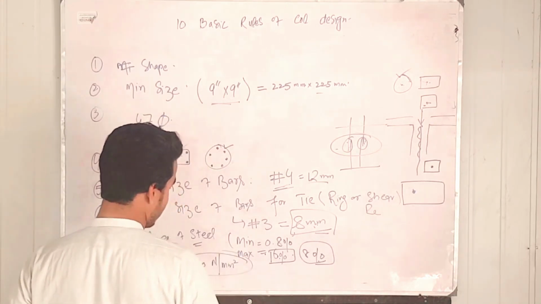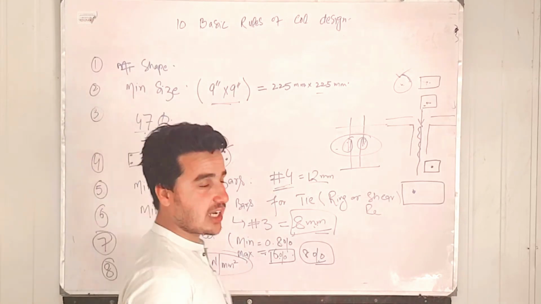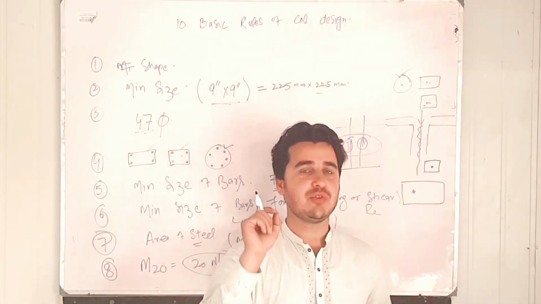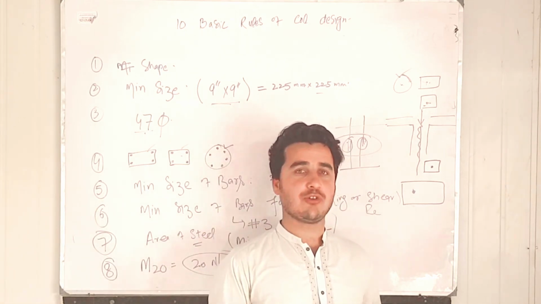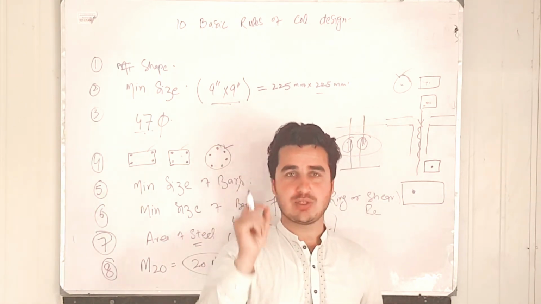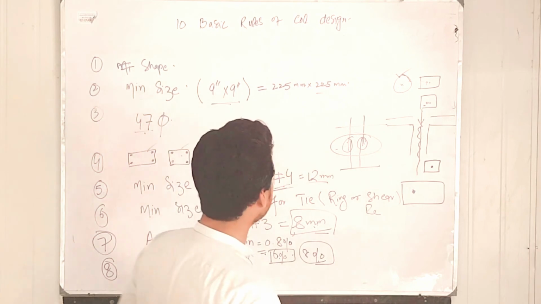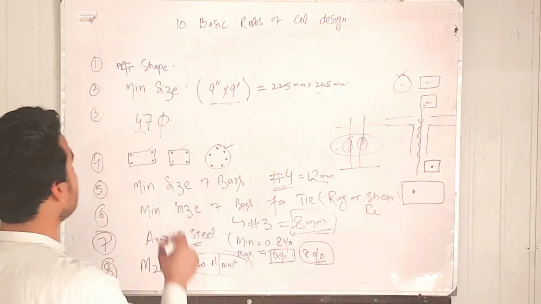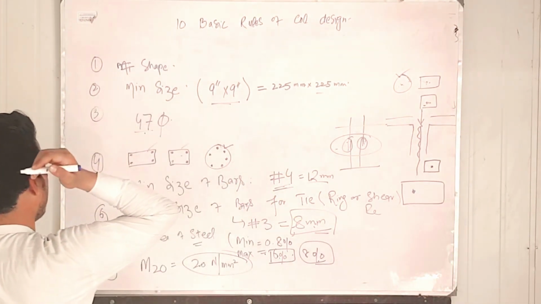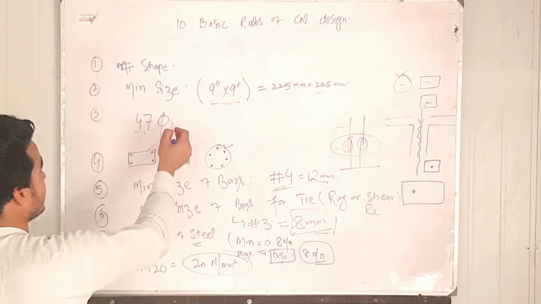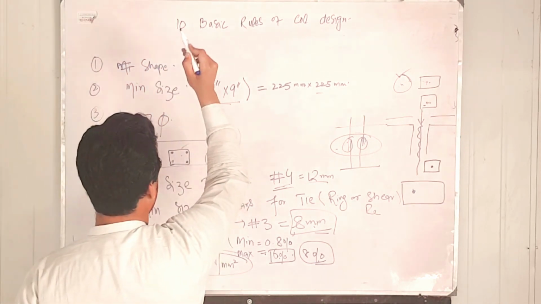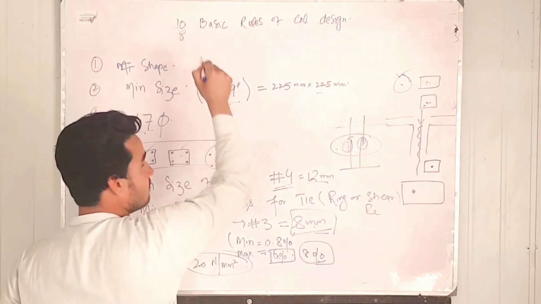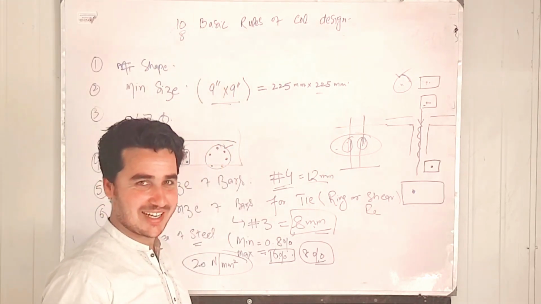This shall be assumed in any type of column design, whether you are designing a column for a high-rise building or for small houses. So these were some of the basic column design rules. These are 8. I wanted to write 10, but actually I made this 1, so you can say 8 basic rules of designing columns.